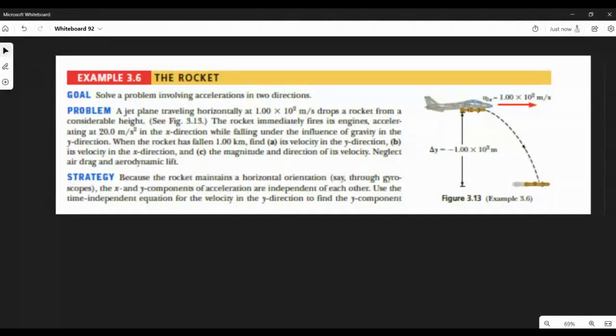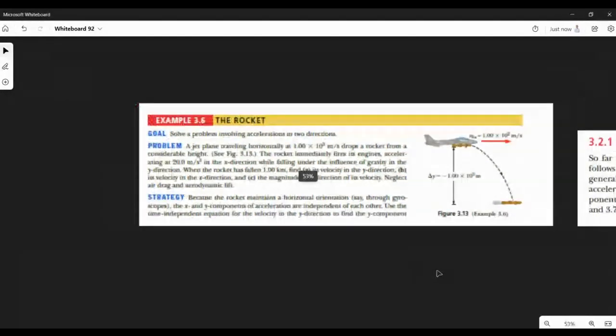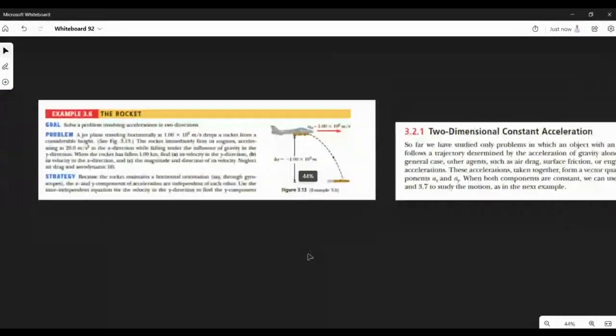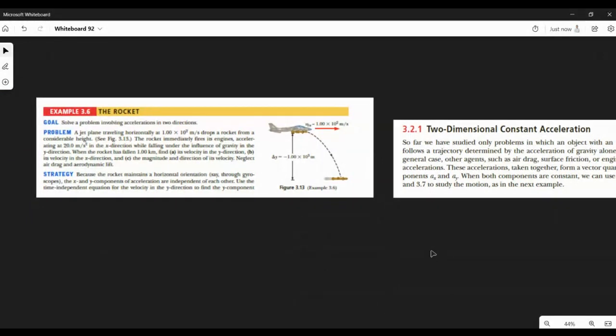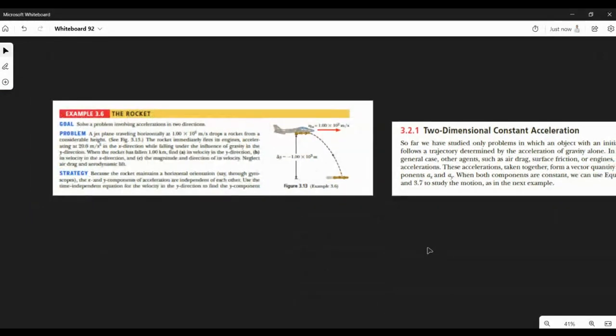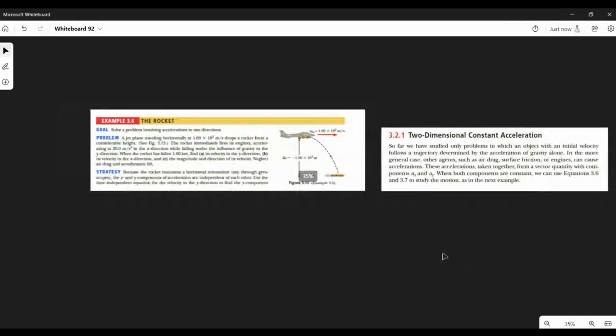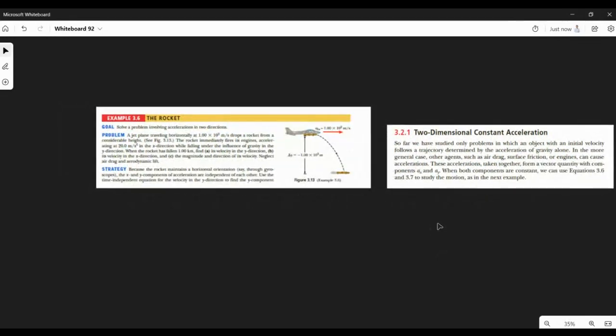So I'll just recap what I said. We normally did accelerations where AX was 0. But now in this particular question, we're going to have AX now, right? What's important is that when we have that kind of acceleration, we typically take other factors such as air drag, surface friction, or the engine itself, which has particular accelerations to accelerate the plane.